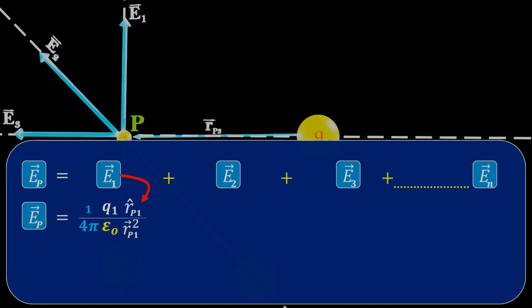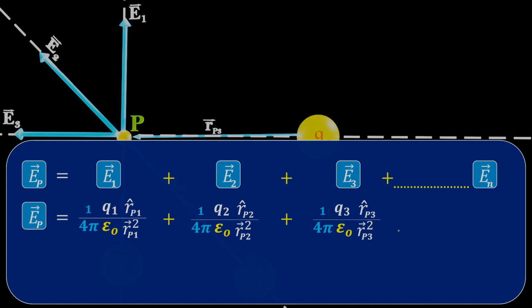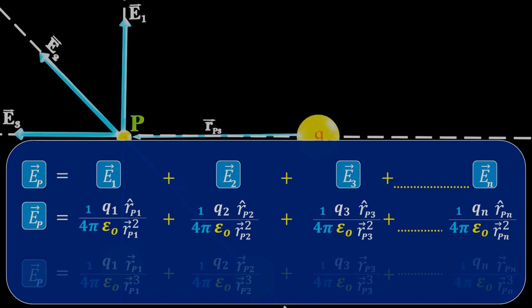In a similar way, we can also write the equations for E2, E3 and so on for the electric fields due to the other charges, just like we did in the last video on the vector form of Coulomb force. We can write these equations in complete vector form as well.